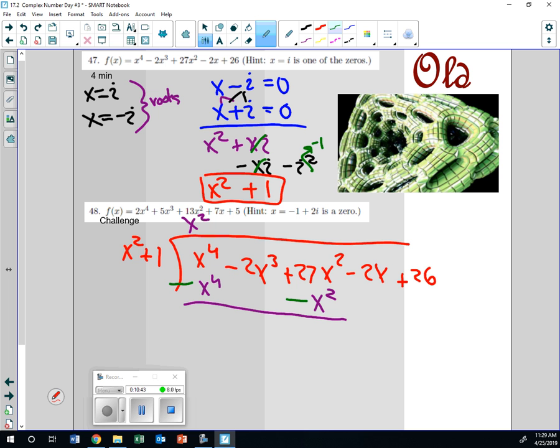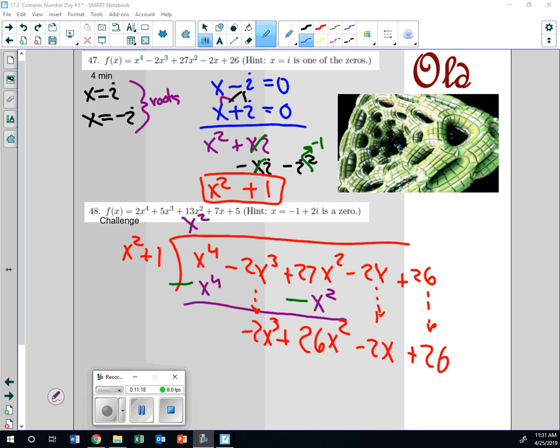And then you're going to get 0, and then you're going to get 27 minus 1 is 26x squared. Does that look bad? That might come in handy later. So then this is going to drop down and give you negative 2x cubed. Drop this one down, negative 2x. If you want to, you can drop the 26. And now we go to the next one.